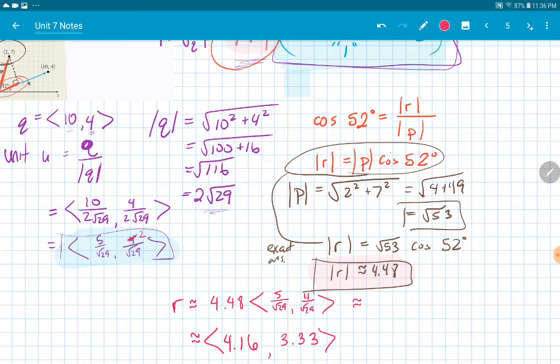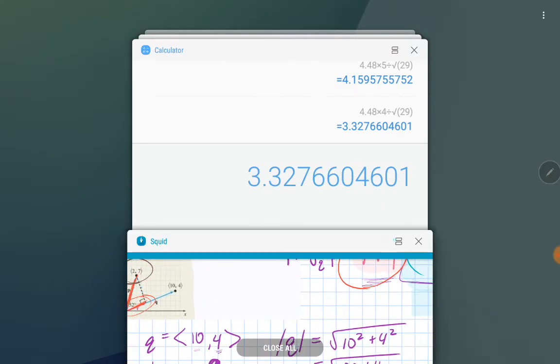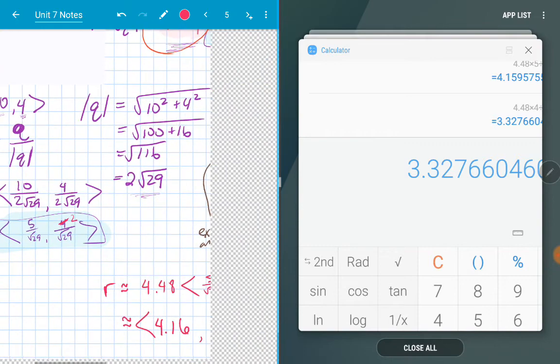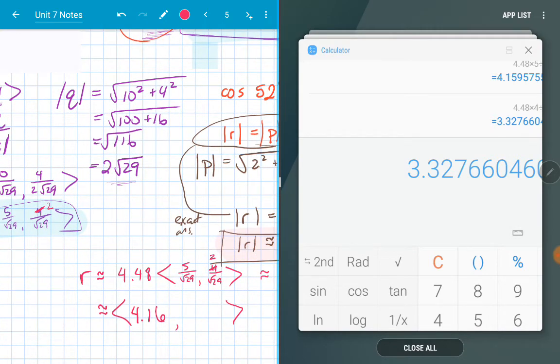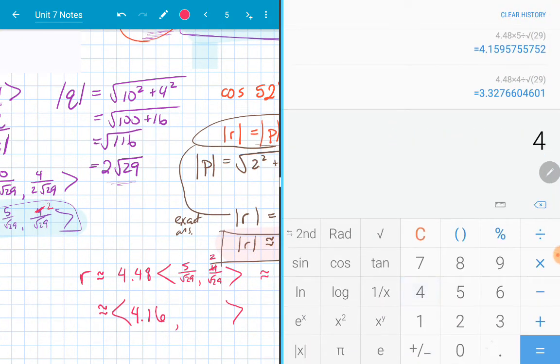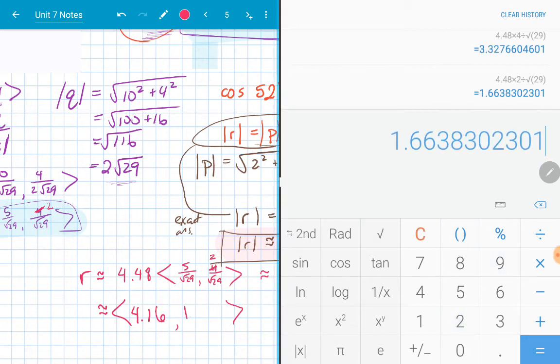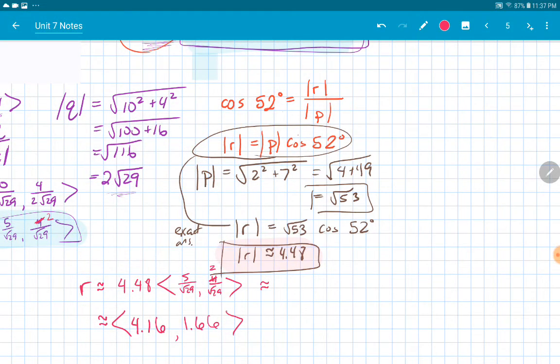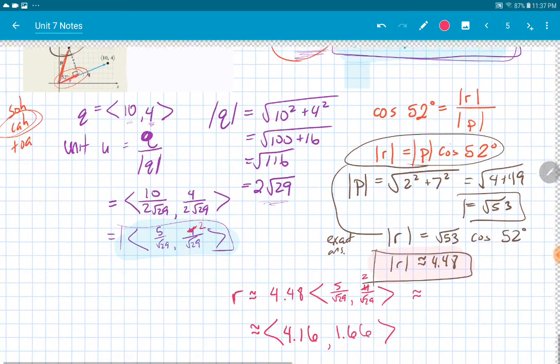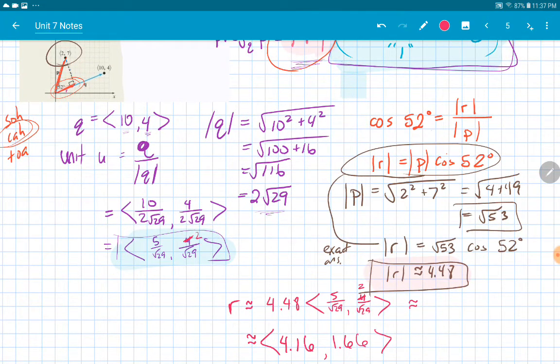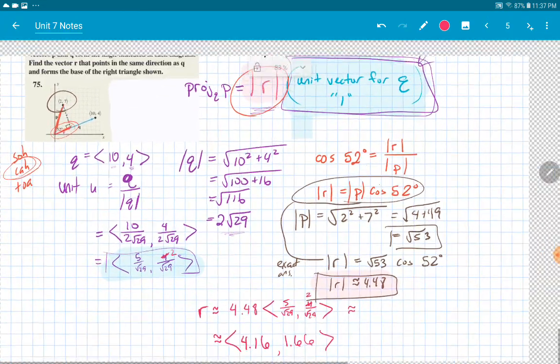And that makes this a 2, which makes this 4.48 times 2 divided by square root of 29. So I was off by a factor of 2 because I did not reduce my numerator correctly. So there's my final answer. I'm going to shrink this in so I can see the whole problem.